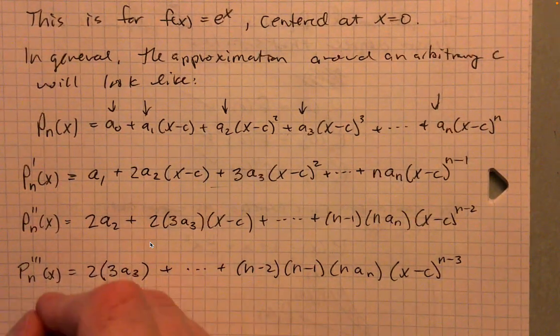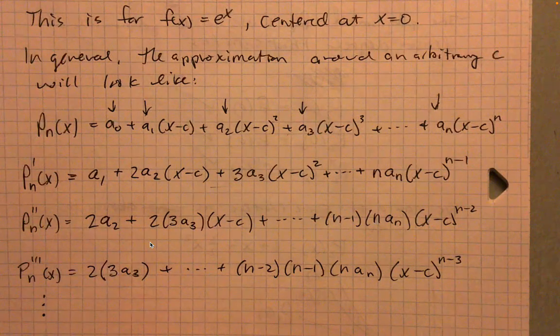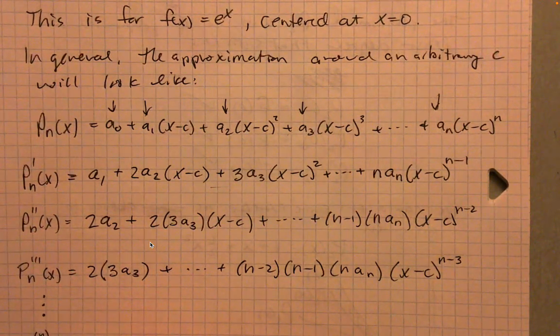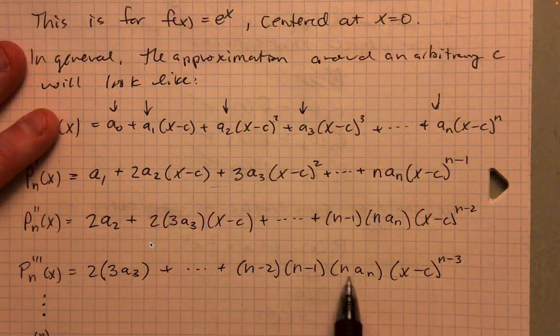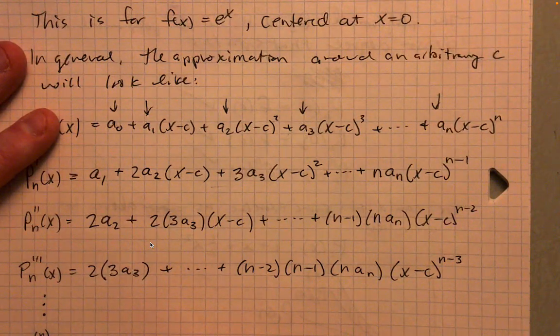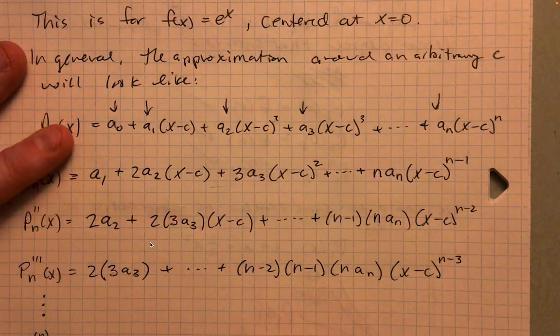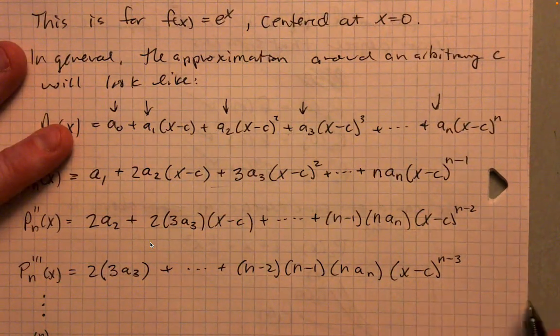Okay, and what's the nth derivative of P sub n look like? Well, I'm going to flip all of these, right? So we'll write it like this: n times n minus 1 times n minus 2. And how far out does it go? Well, all the way down to times 2 times 1 times a sub n.